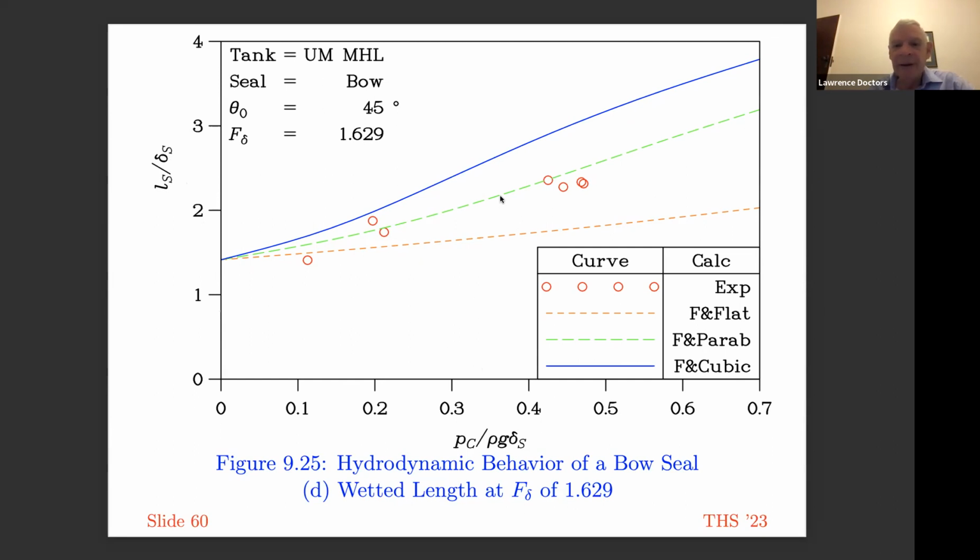So these different speeds, in this particular case, this is the speed of 1.629. This is a dimensionless speed. It's the Froude number based on the depression of the finger. And this shows some rough agreement between the experiments and a parabolic assumption for the shape of the deflected finger.